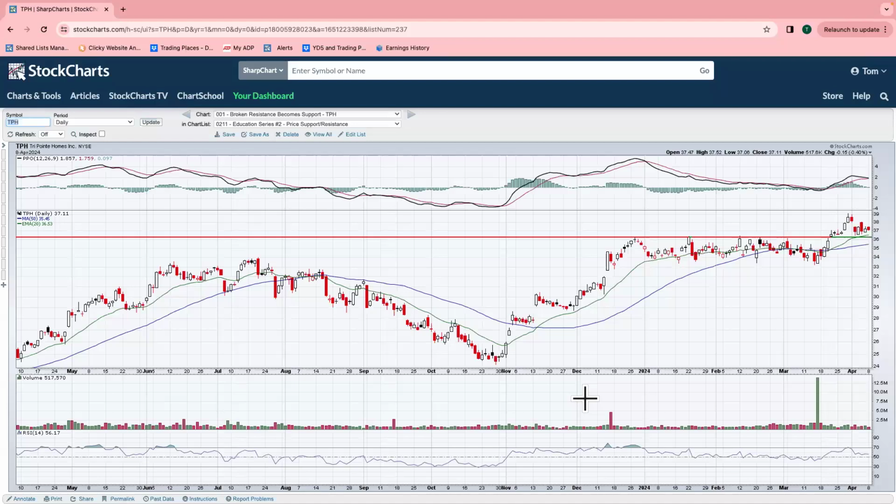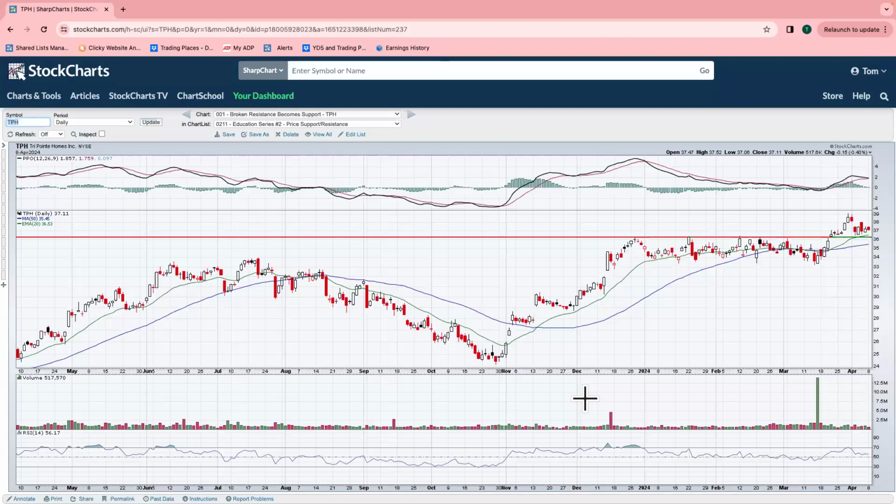Just remember that when I annotate these charts, another 2 months could go by since I had first put them on the strong earnings chart list and annotated them. So we might see certain support levels hold. We might see other ones established that are not annotated, but it gives you a really good idea of where I'm looking at support.